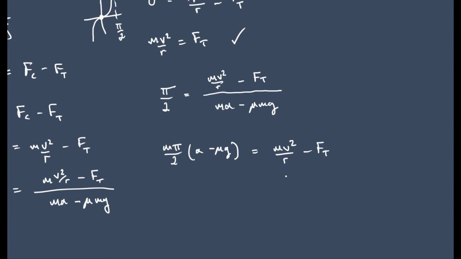Okay, so we're getting somewhere here. I'm going to bring this to this side and change some terms here. So we have minus m pi over 2 times a minus mu g plus mv squared over r equals ft. All right, so I'm skipping some minor steps in here, as you can see.